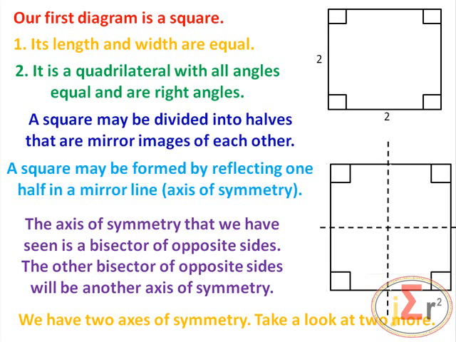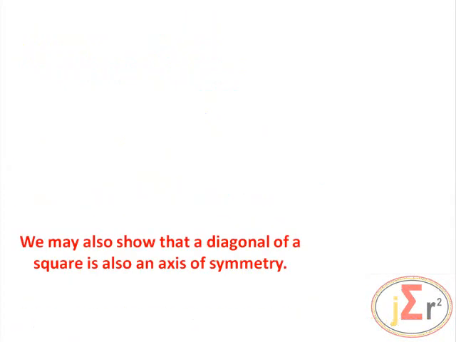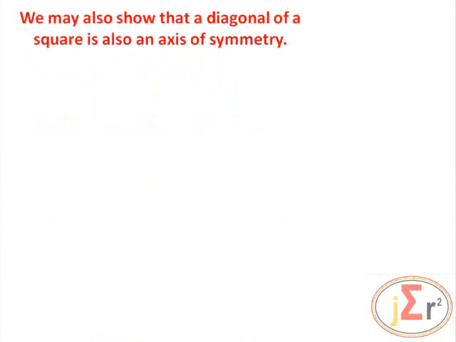So we will take a look at any more that we can find. We should be able to find 2 more. We may also show that a diagonal of a square is also an axis of symmetry.